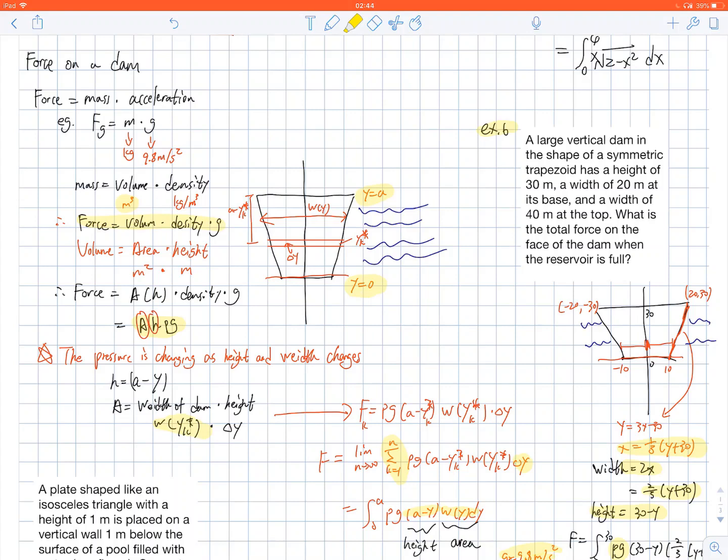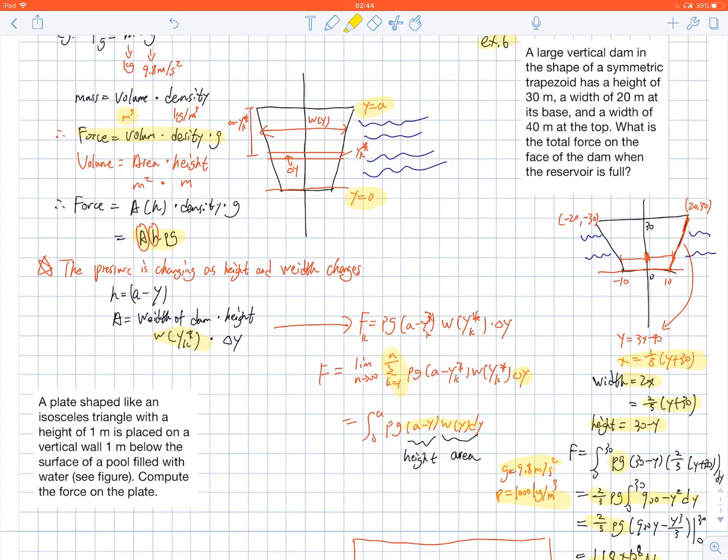So we're going to have to make up a function in terms of y to measure the width, and then multiply that by the height, which is going to be delta y, to get our area. We're not going to get into the specifics of the width function right now. We're going to introduce that in our example, so we don't confuse you and make it more hands-on.